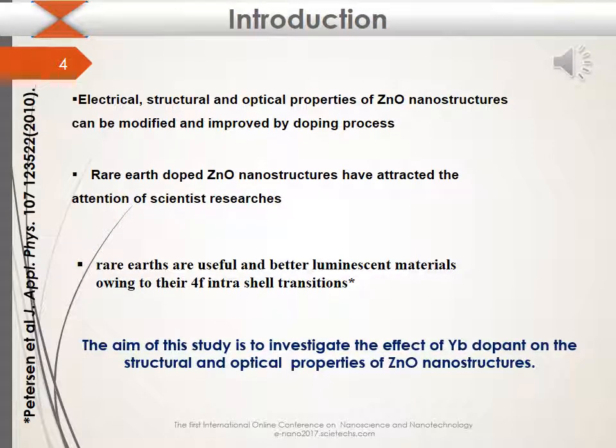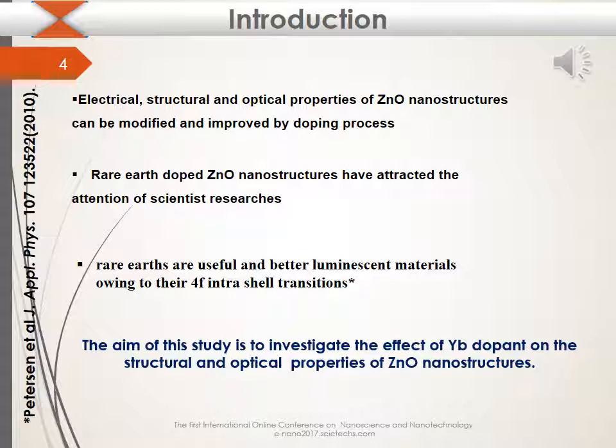Optoelectronic properties of a semiconducting material can be modified and improved by the doping process. As you know, zinc oxide has been heavily doped and co-doped by metals such as aluminum, iron, and gallium.